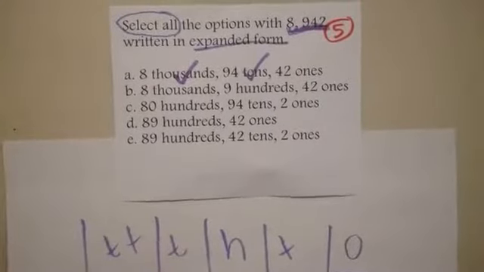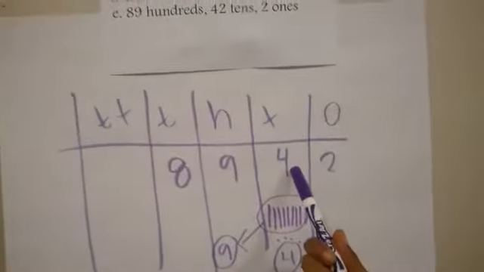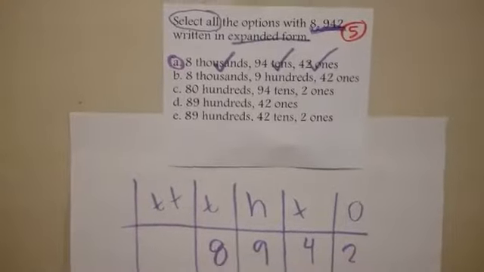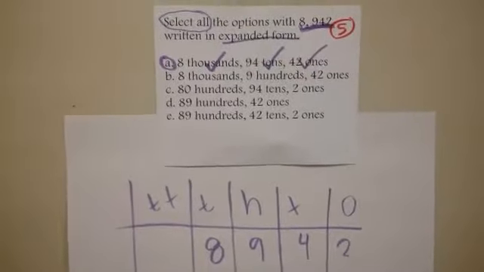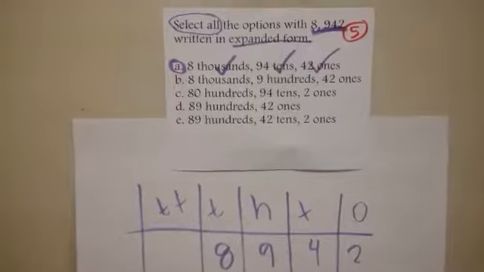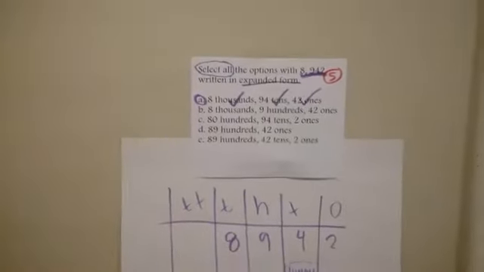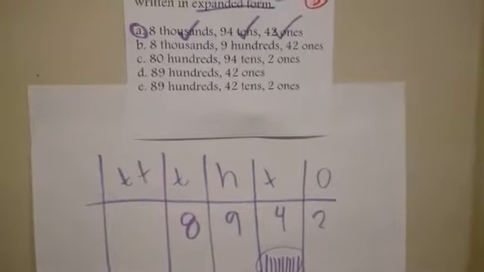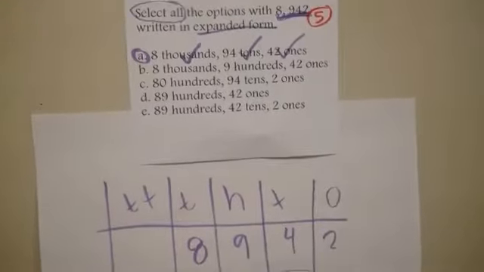If I had 42 ones, that would be the same thing as having 4 tens and 2 ones. So that one checks beautifully too. You have the 4 twice though. All right, good. Now, let's look at the next one.